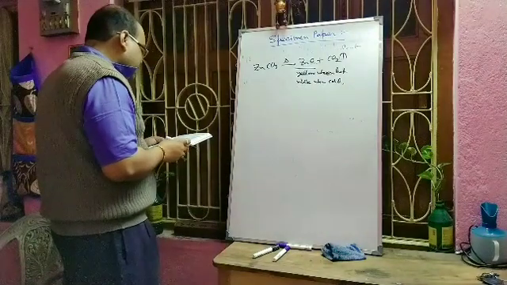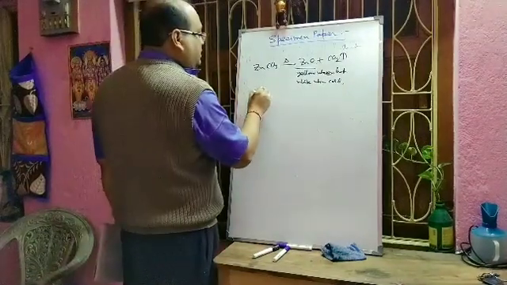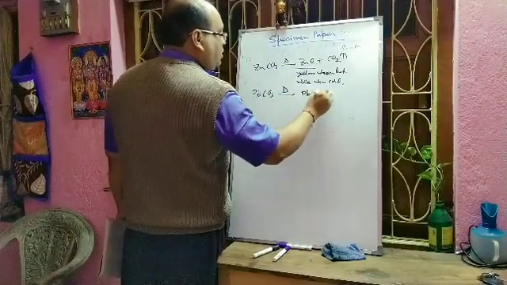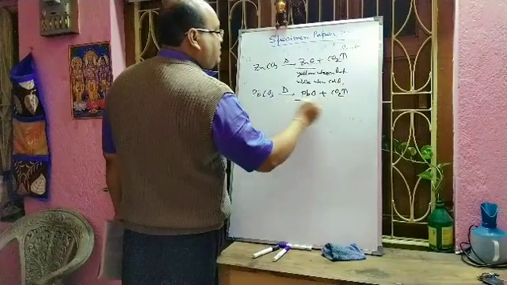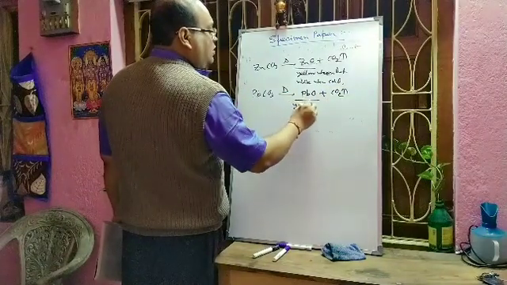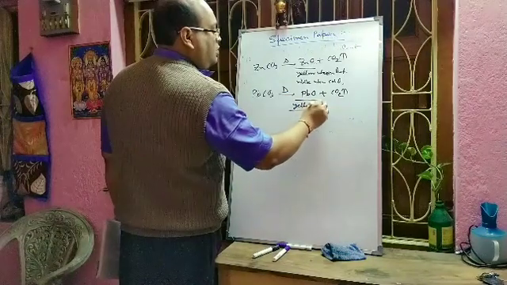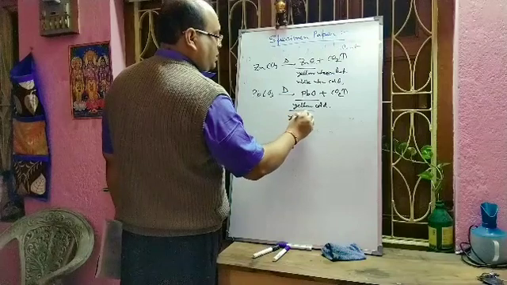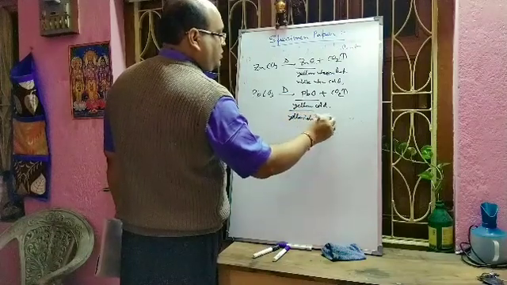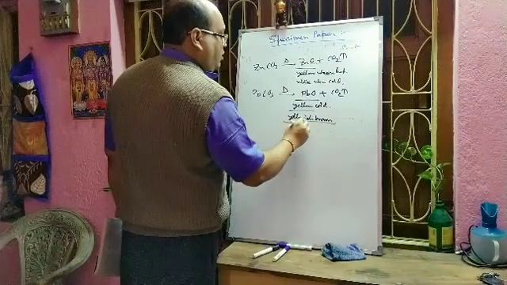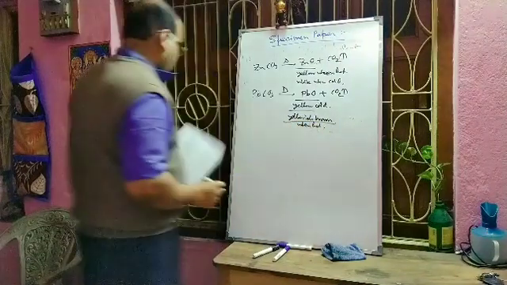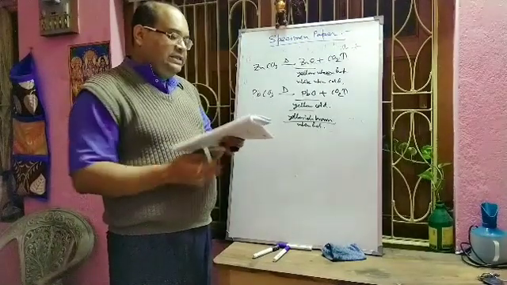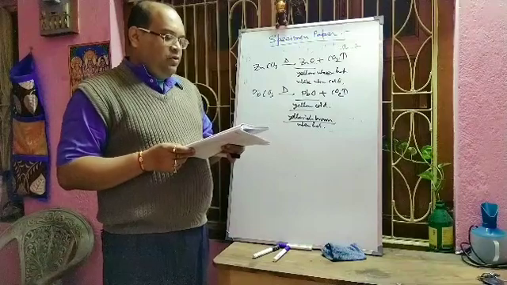Okay, next one is given that lead carbonate is PbCO3. Whenever you will apply heat, that will be PbO plus CO2, and this PbO is brown when hot and yellow when cold. Hope you can understand.